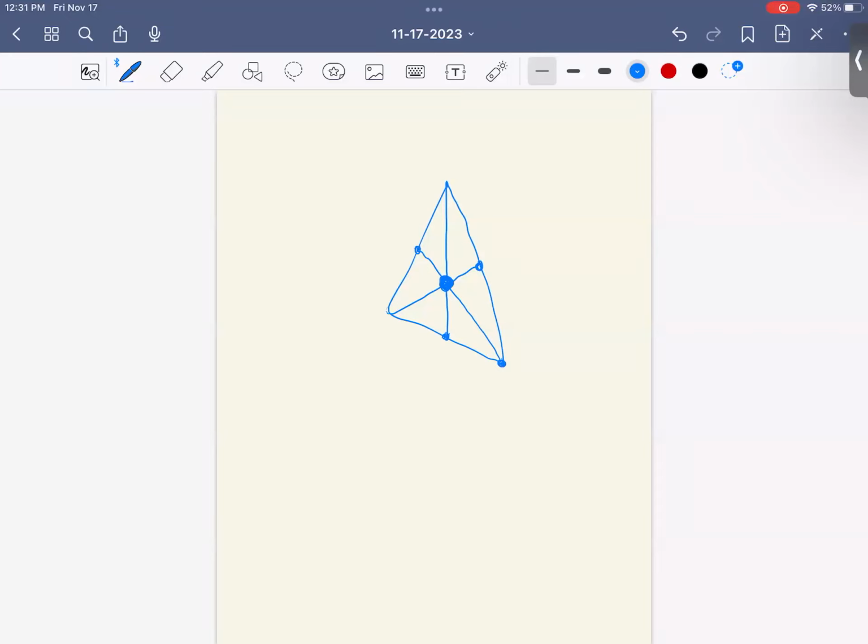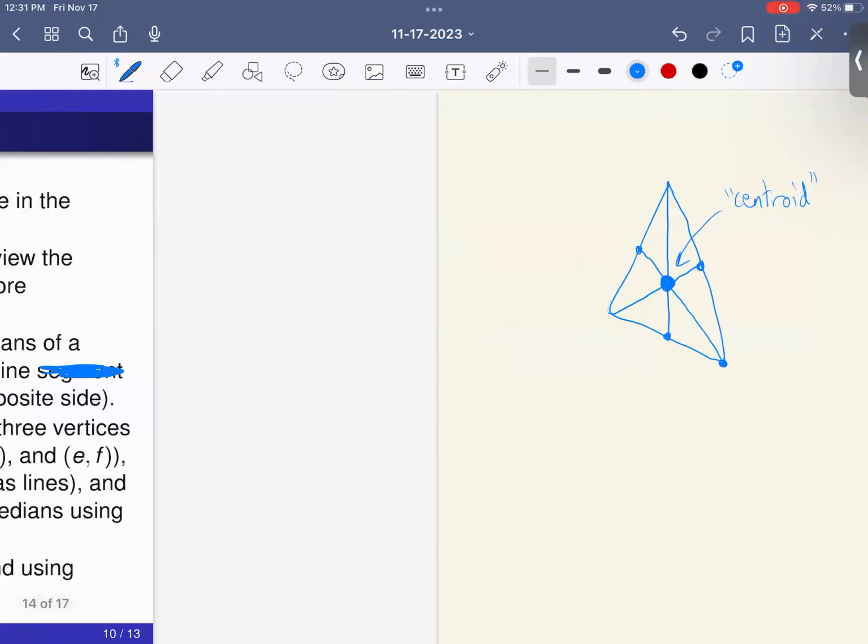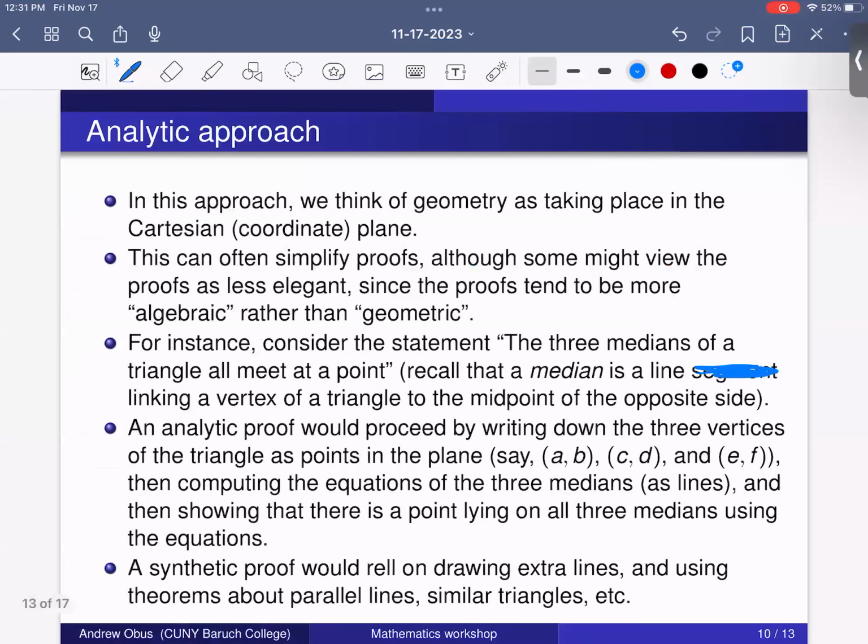So this is kind of a picture of this theorem that the medians of a triangle all meet at one point in the center. This point in the center is sometimes called the centroid of the triangle. And well, so what do you have? How would you do an analytic proof? Well, the analytic proof would be, I'm going to give the vertices names, since the triangle lives in the plane.